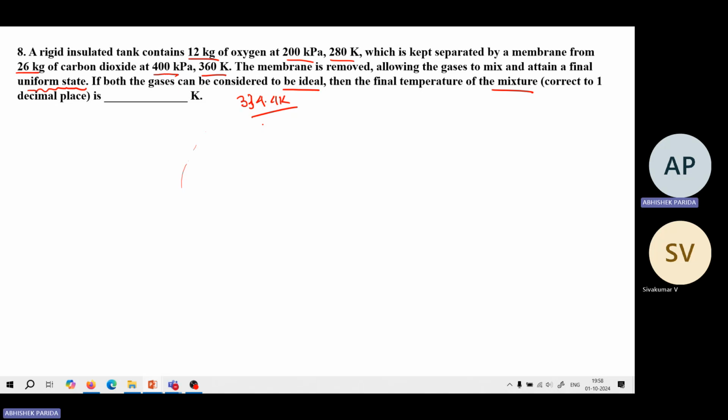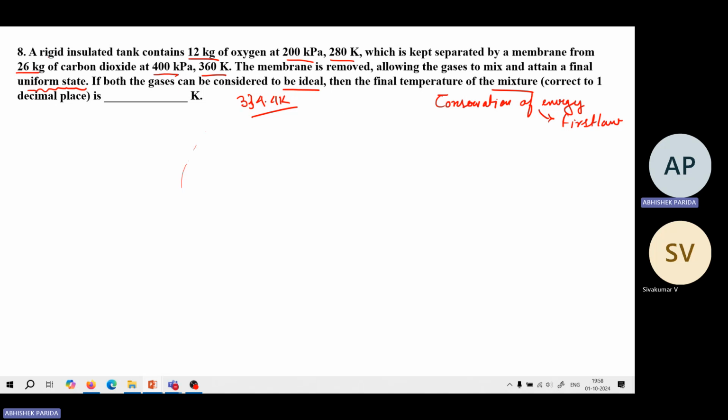So first of all, whenever such a question comes about the final temperature, the first and foremost thing you should do is apply conservation of energy. That's the first thing you should know from such a type of question.